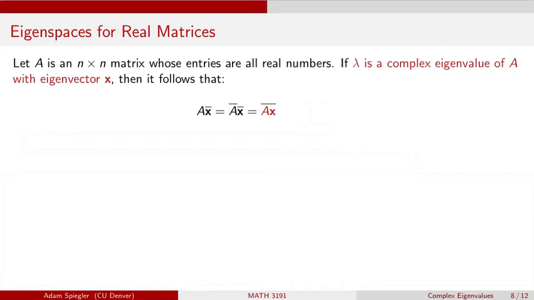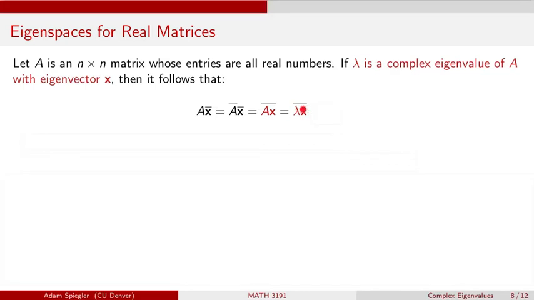And now we know that lambda is an eigenvalue of A with eigenvector x. So that means A x, by definition, we can rewrite as lambda x. Because again, what it means for x to be an eigenvector is when we multiply x by A, it operates just the same as multiplying x by lambda.